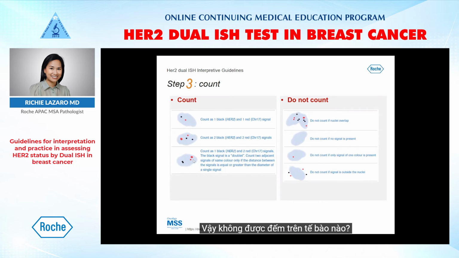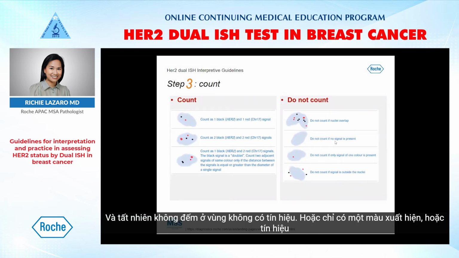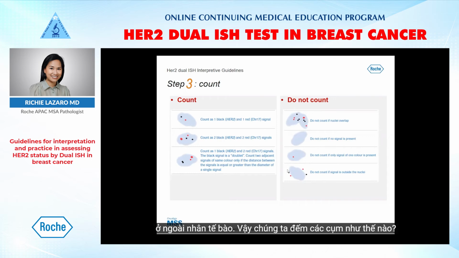Now, which cells are not to be counted? Do not score overlapping nuclei, areas with no signals, of course, or if only one color is present, or if the signals are outside the nuclei.